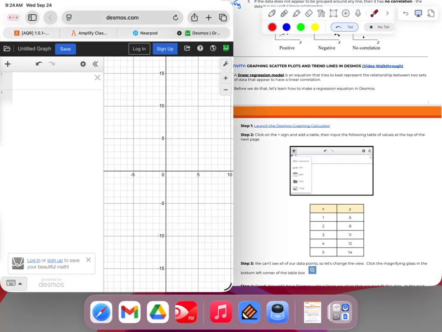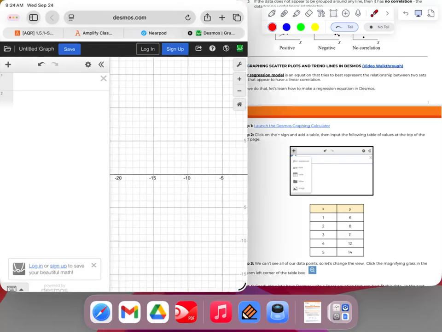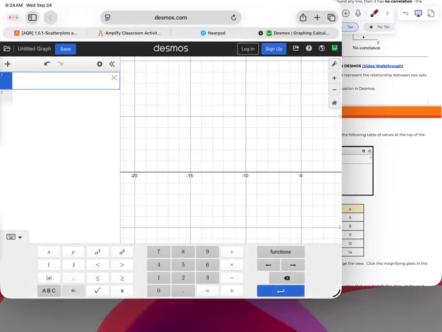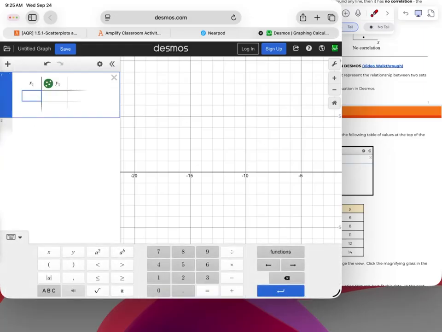The first thing you're going to do is you're going to hit what? What does it say to do? We're going to hit that plus. And then, what are we going to do? Table. Yeah, we're going to go table. All right.